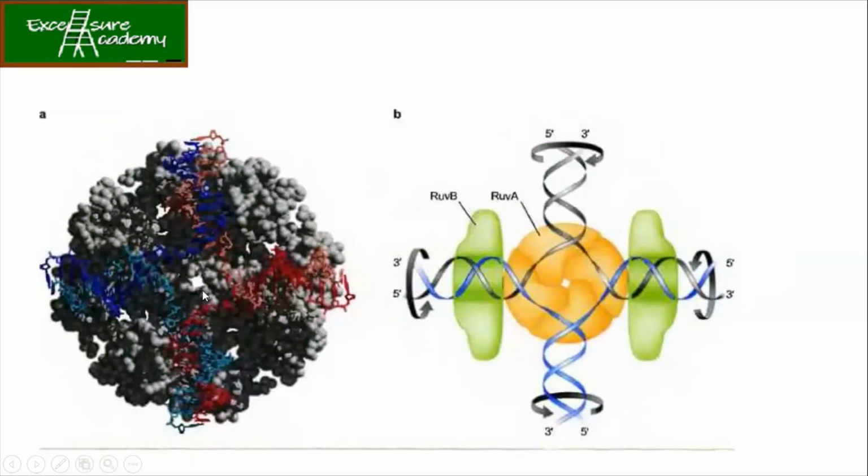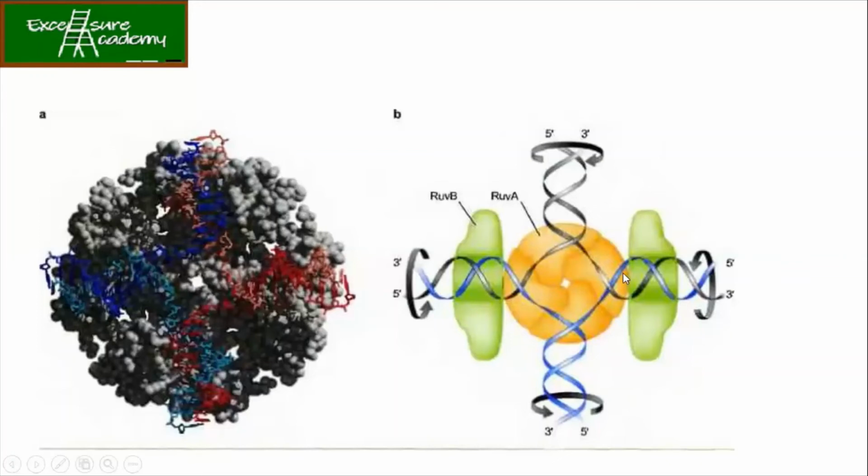Now, can you see this is the crystallography structure? Not that clear, but you can still see that blue and pink are here, green and red are there. Again, 4 strands are there, and this is a tetramer RuvA protein which is binding at the Holliday junction. This is the same thing depicted in the ribbon model. Is it clear, guys? Can you see how RuvA has bound over here at the HJ, the Holliday junction, and RuvB has bound sidewise in between?